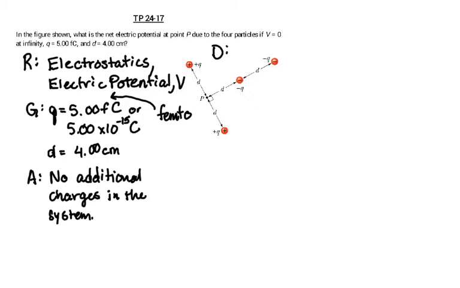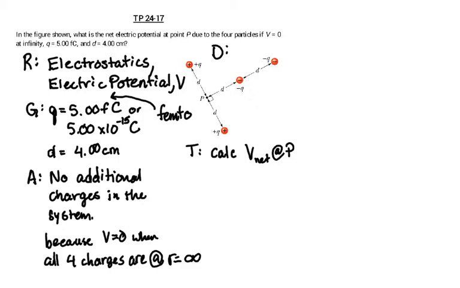That means that when these are an infinite distance away, there is 0 potential at point P. That should tell us that when these four are at infinity, there's no other charges in our system that are acting on the system and would create a potential of anything other than 0. All right, and I'll bring this back up again when we get to the physics step.